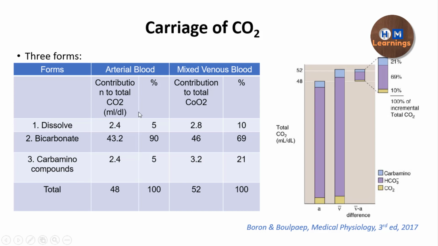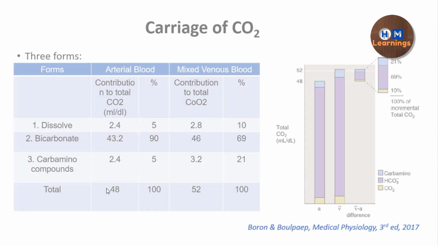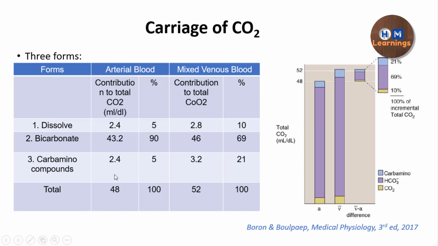So you can see, first we talk about the transport of carbon dioxide via the arterial blood. In that, the total concentration of carbon dioxide in the arterial blood is about 48 ml per deciliter, which accounts for 100%.